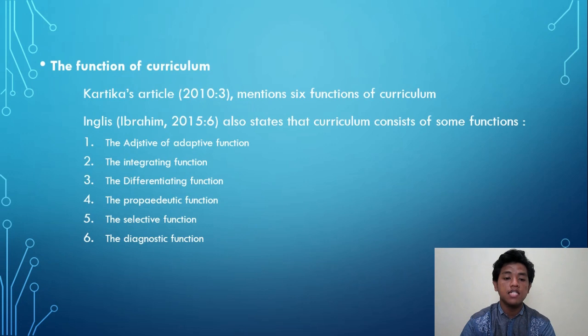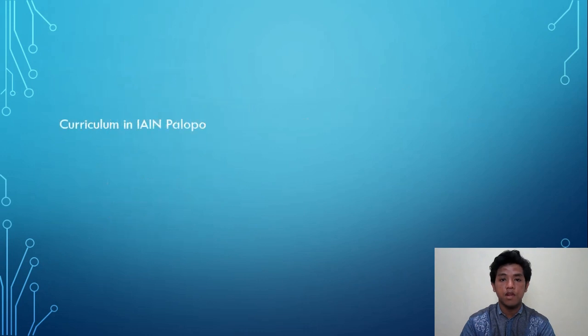And the last is the diagnostic function. The material offered by the curriculum comes from the need analysis, so the students are able to study based on their curriculum in IAIN Palopo.